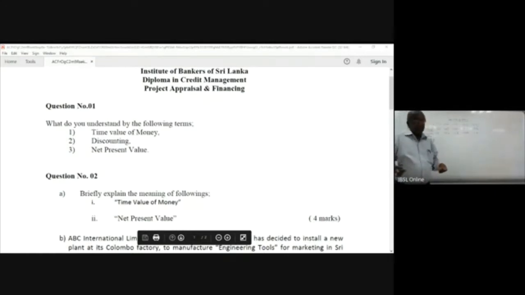There are projects. We are making projections, sales projections, various projections. So the sales values, various money values, we are projecting.